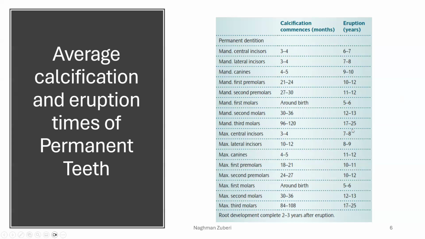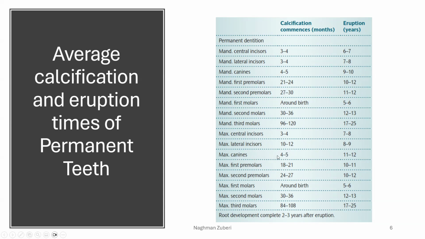Maxillary central incisors 3 to 4 months for the calcification commencement, and they erupt at the age of 7 to 8 years. Maxillary lateral incisors 10 to 12 months, and they erupt at 8 to 9 years.